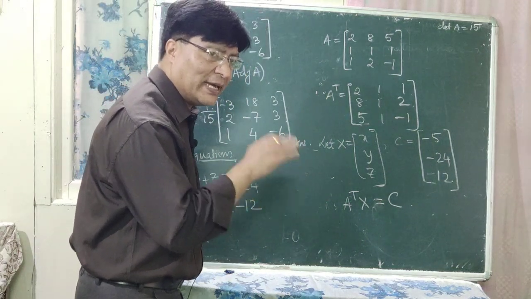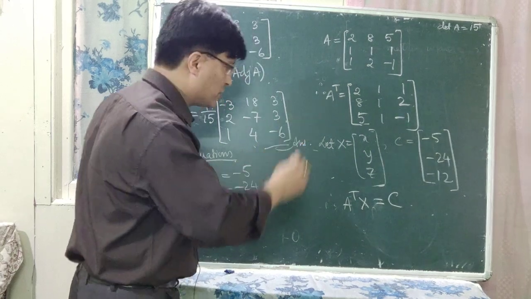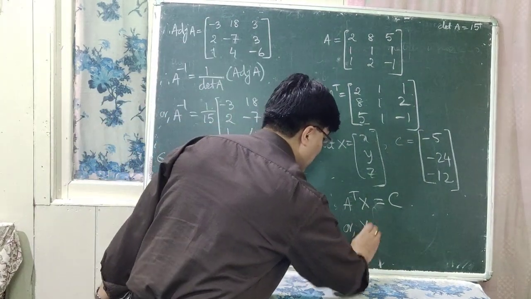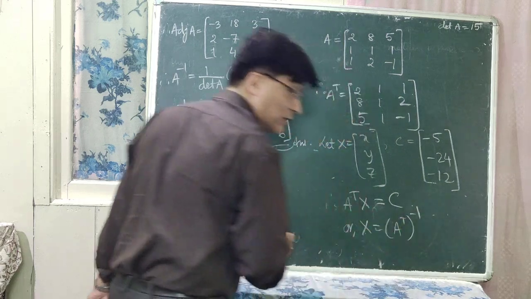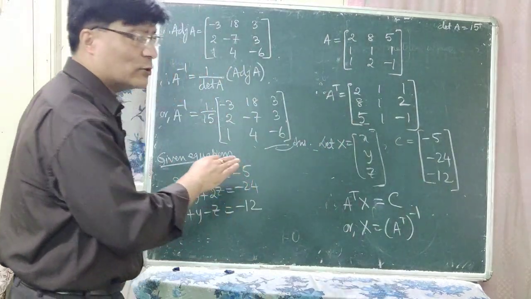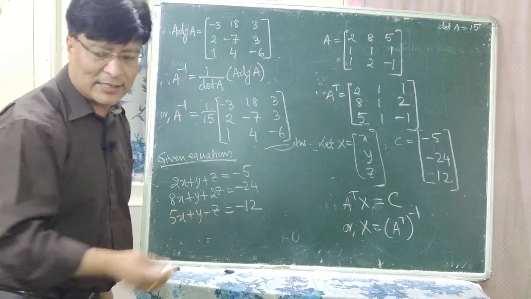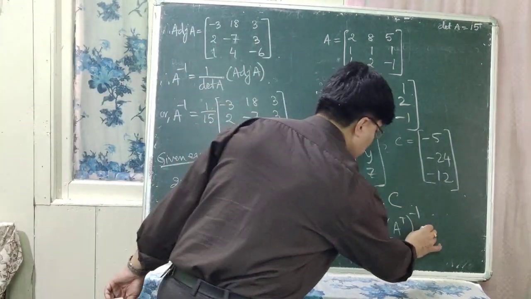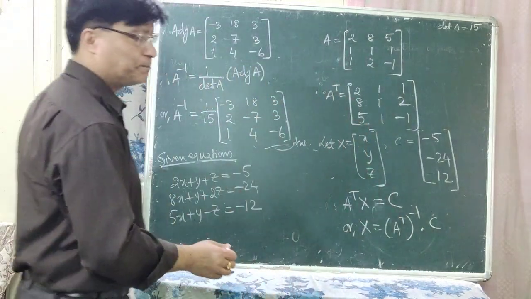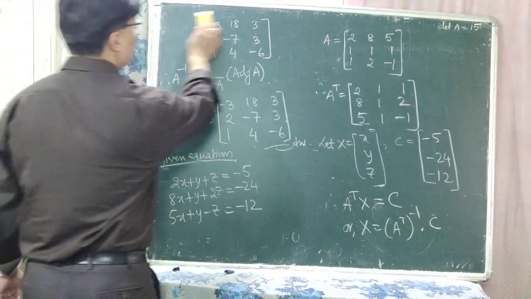So X is equal to A transpose inverse. When this A transpose is taken to the right hand side, it becomes A transpose inverse dot C. Is that clear to all of you?